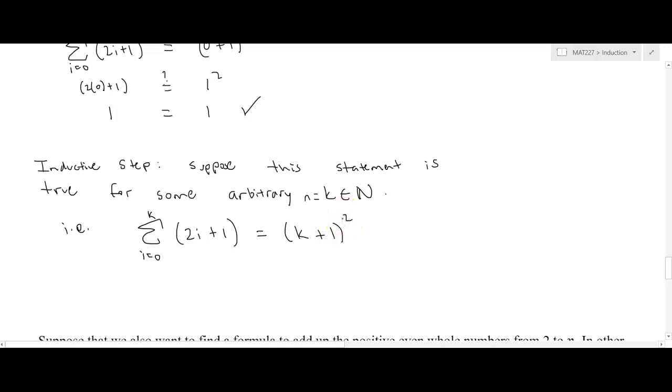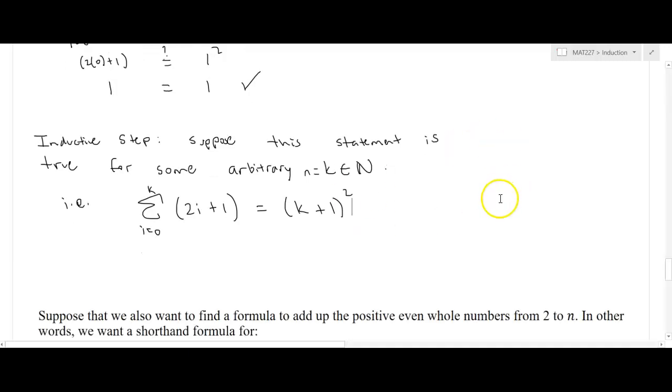So again, I'm just picking some arbitrary integer out there. I'm not specifying what it is. I don't want to specify what it is because if I did specify what it is, then I'd only be establishing the truthfulness of this equation for that particular value.